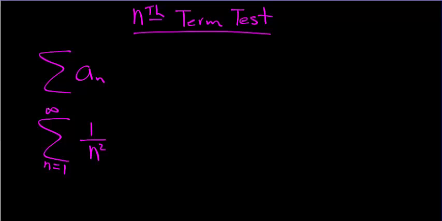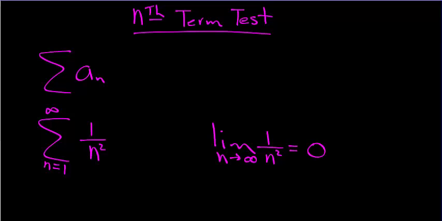Now notice, this is necessary: the limit of whatever's in here has to be 0. That is necessary for you to have a convergent series. If that doesn't happen, then the series does not converge.